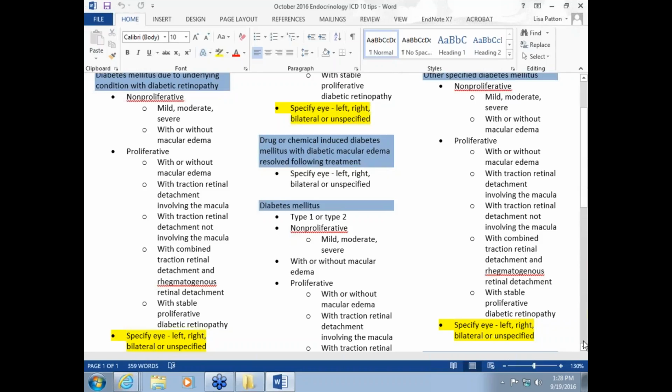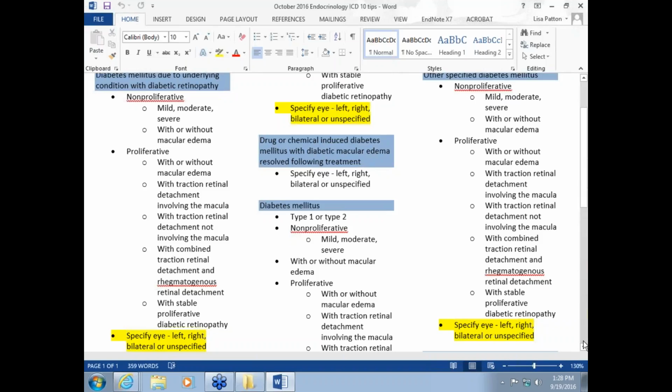Then for the proliferative, you have the with or without macular edema, with traction retinal detachment involving the macula, with traction retinal detachment not involving the macula, with combined tractional retinal detachment and rhegmatogenous retinal detachment, or with stable proliferative diabetic retinopathy.